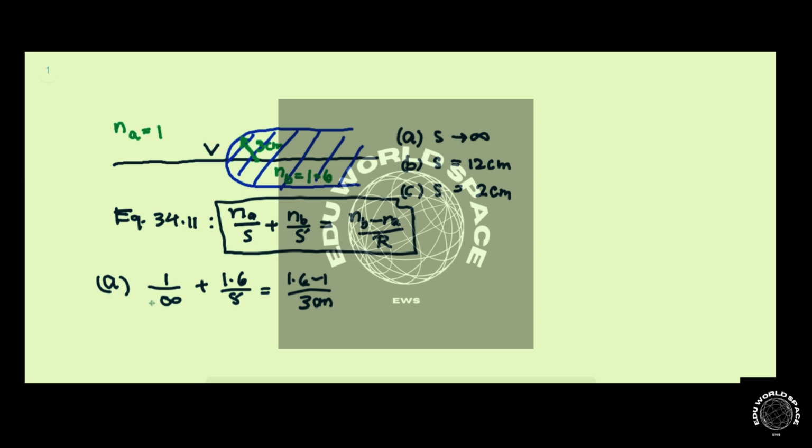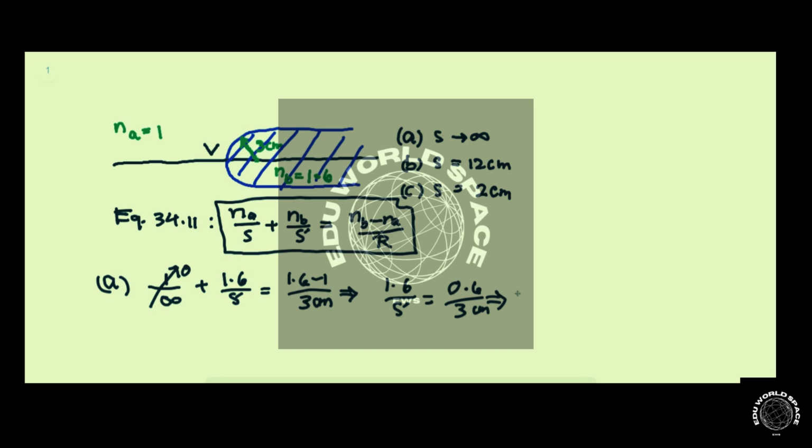If you're dividing 1 by infinity, then you get 0 because you're dividing 1 by a very, very large number. So you're just left with a very simple equation, which is 1.6 over S prime is equal to 0.6 over 3 centimeters.